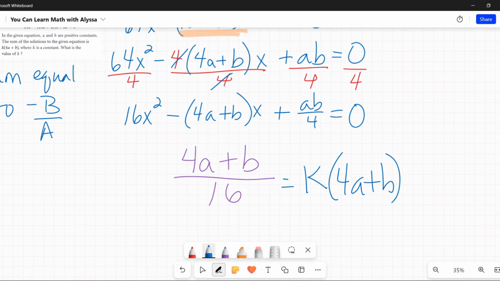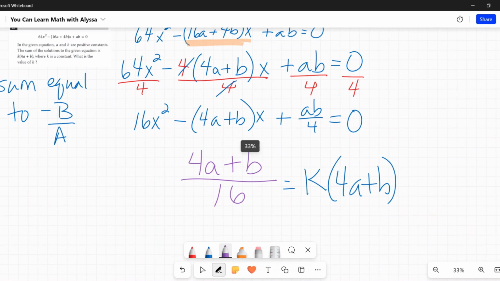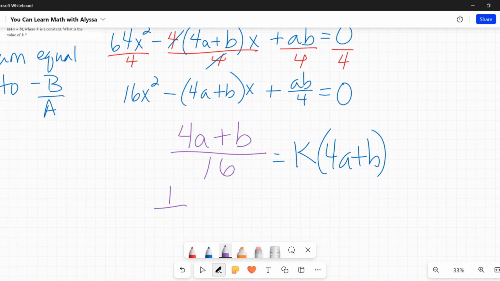The one says divided by 16 and this says multiplied by k. Another way of dividing is multiplying by 1 over that number. So if I want to say divided by 5, that is the same as multiplying times 1/5. So in this case, divided by 16 is the same as multiplying by 1/16.